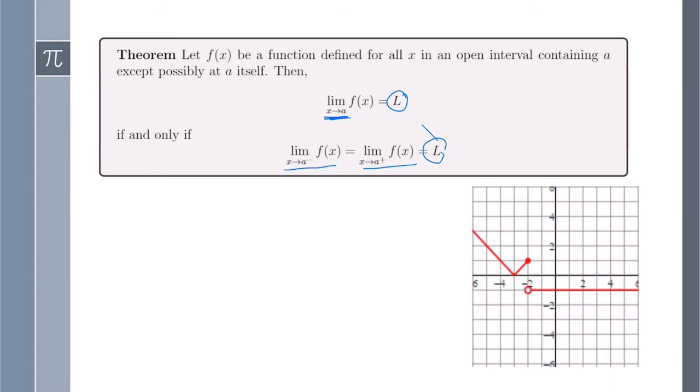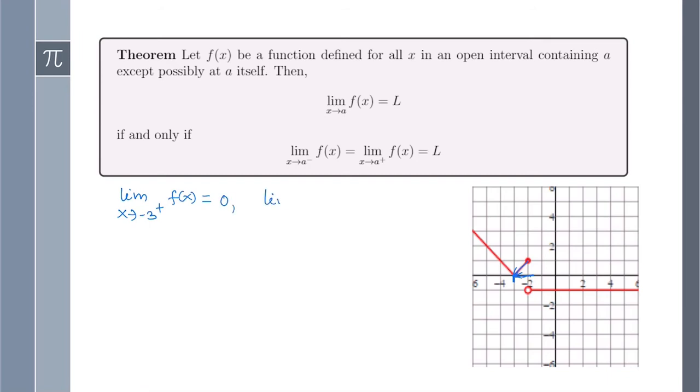So let's see that from this example. Let's look at this graph here. If I take the limit as x approaches -3 from the right of f of x, -3 is right here. When we approach -3 from the right, the function is approaching this y value, which is 0.